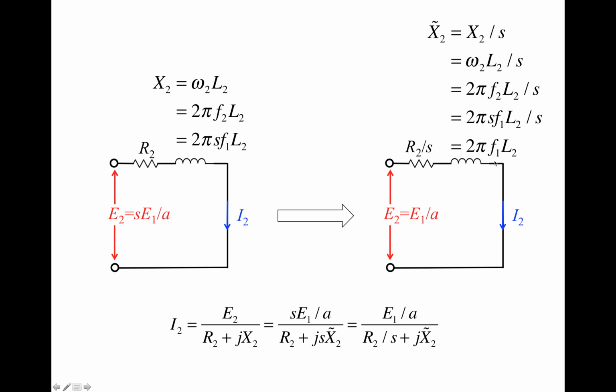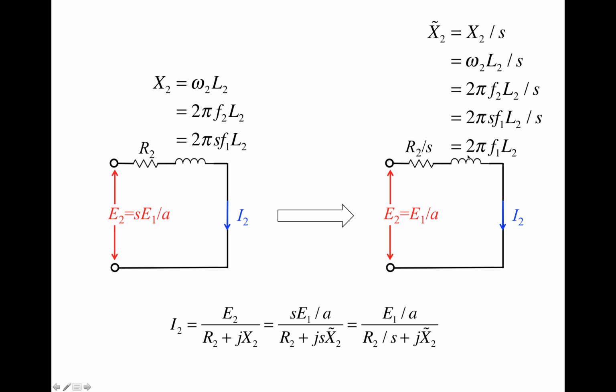Here we have F1 now, the stator side frequency. So the inductance L2 is the same, but the frequency has been converted to the stator side frequency. It's no longer F2, it's actually F1.